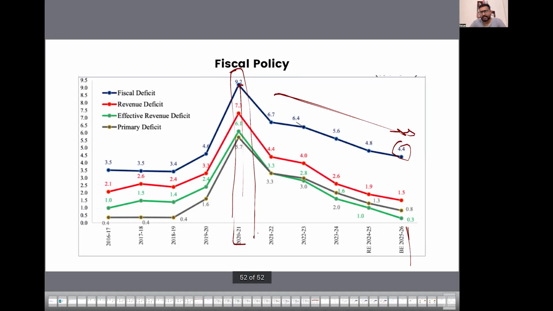But subsequently, we have been able to bring the inflation down, in the monetary policy by increasing the repo rate, and in the fiscal policy by decreasing the fiscal deficits and keeping the debt to GDP ratio under control. All right. So this brings us to the end of video 3.